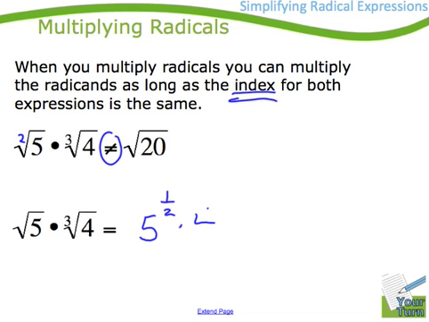So if I was wanting to do it, I guess I could rewrite them as fractional exponents times 4 to the 1/3. And I guess I could try and get a common denominator up here, so 3/6 times 4 to the 2/6.